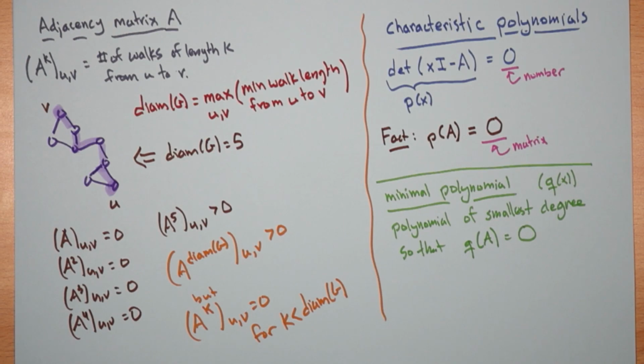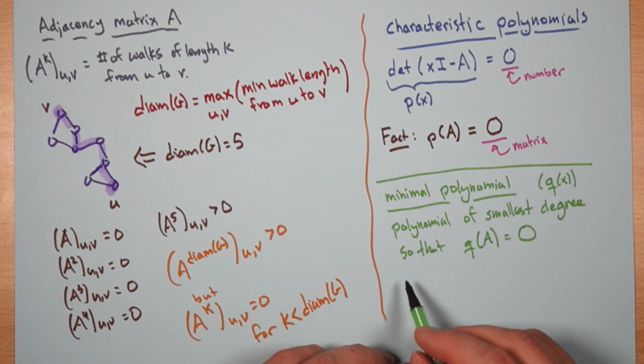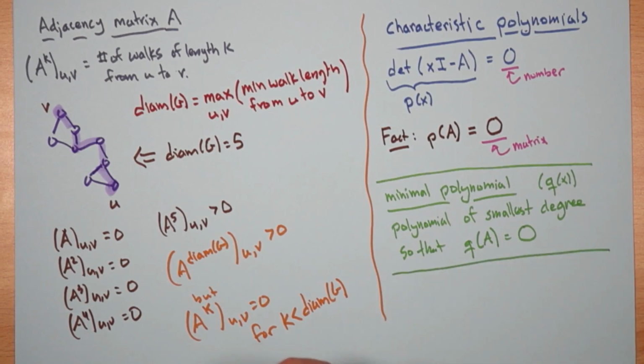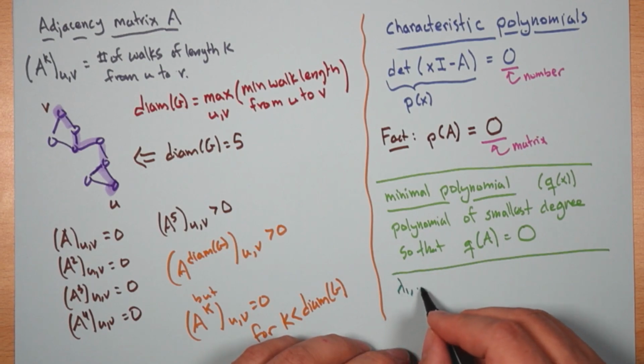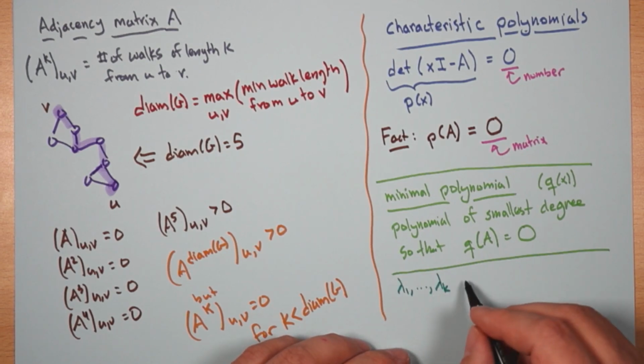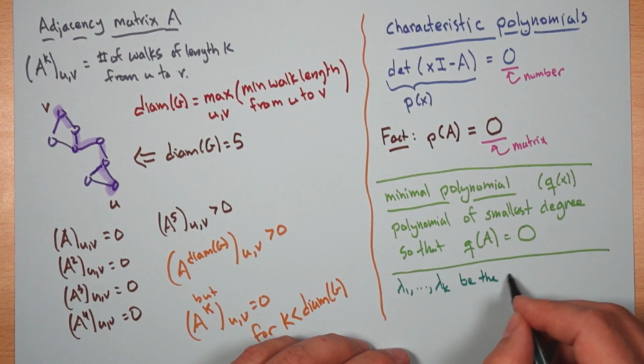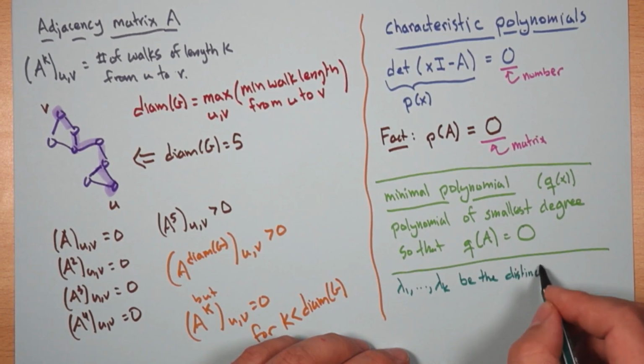So when we're talking about a nice matrix, keeping it symmetric, keeping it real, in other words, the kind of matrices that we've been talking about, it reduces to something very pretty. And so we have the following fact. Namely, let lambda 1 up to lambda k be the distinct eigenvalues.